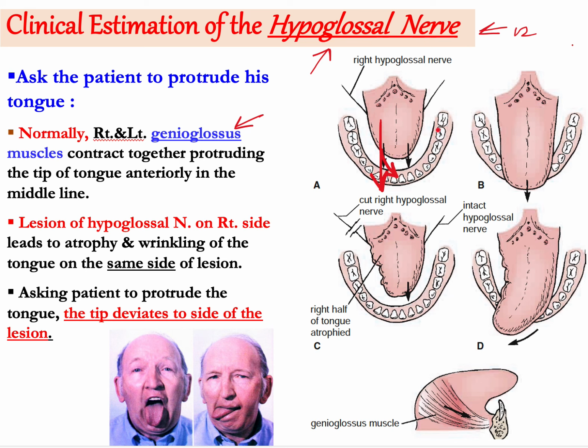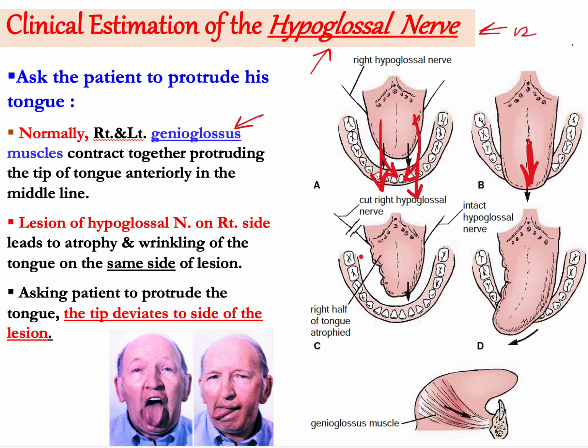And the genioglossus muscle on the left also protrudes the tongue outside and a little bit to the right. So when the right and left genioglossus muscles contract together, they will protrude the tongue normally in the midline.